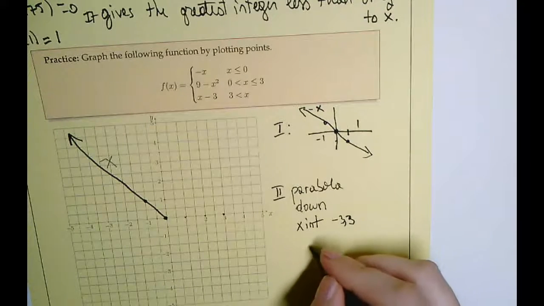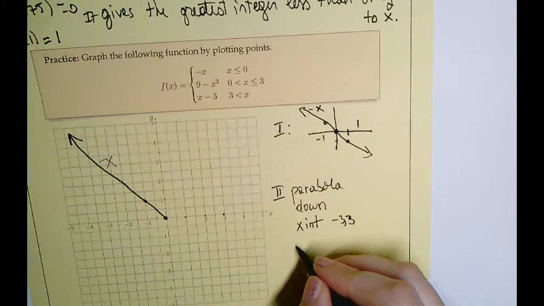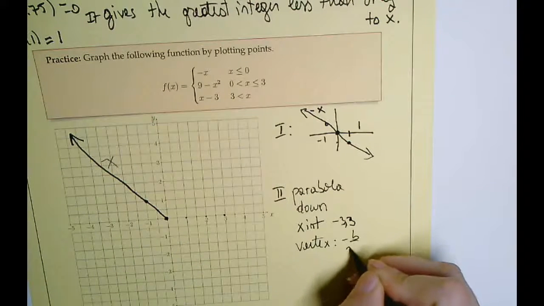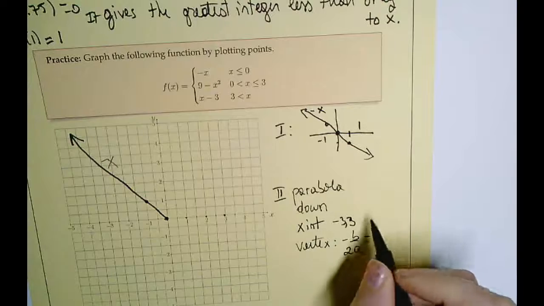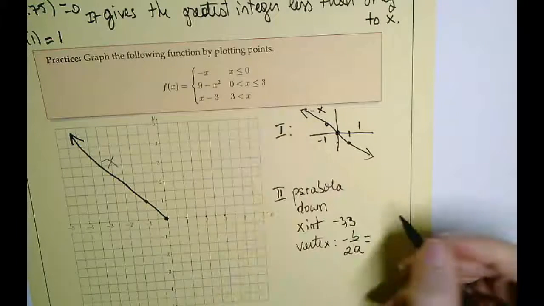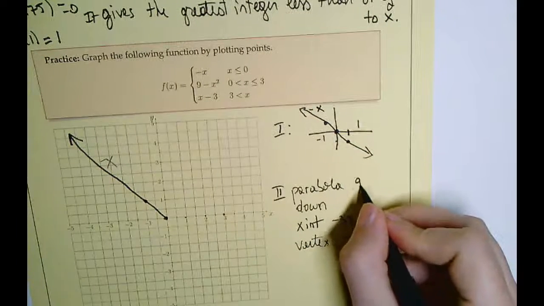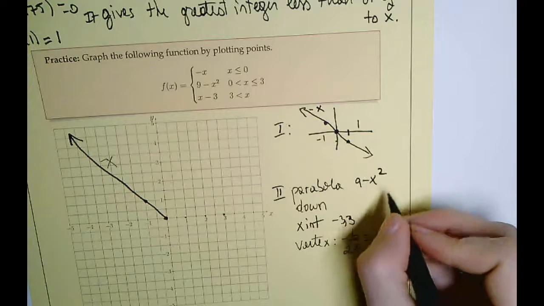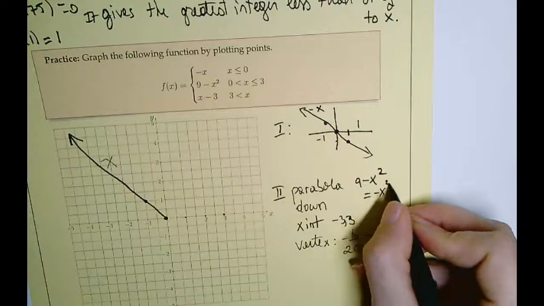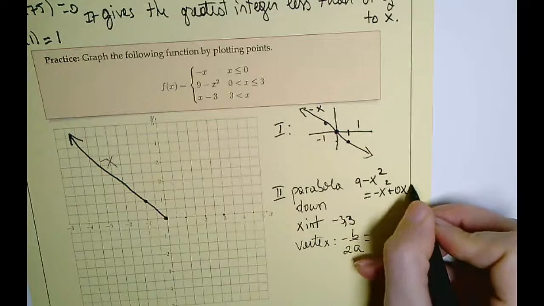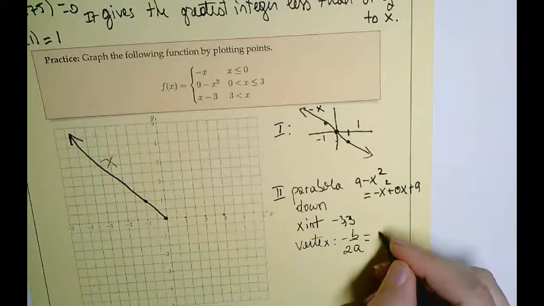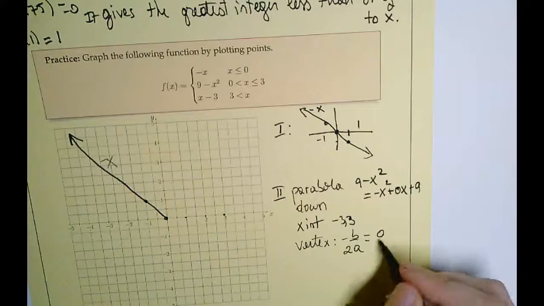And then what is the vertex? So the vertex is -b over 2a. But what is b in this case? So I have 9 minus x squared. There is no x in here, so this is the same as -x squared plus 0x plus 9. So b in my case is 0. So the vertex is going to happen when x is 0.